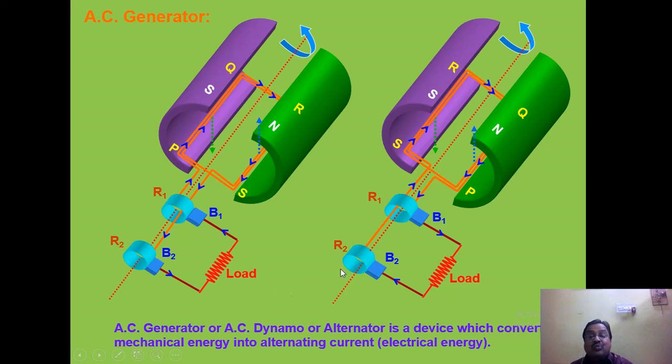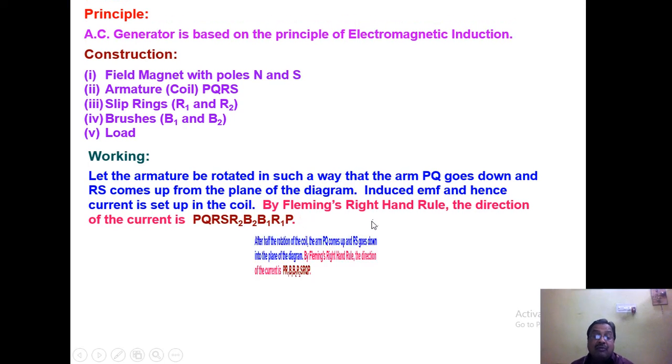From these two figures we can very well conclude that due to continuous rotation of the armature in between the two field magnets, EMF is induced, due to which current flows through it in the direction shown in the figure.